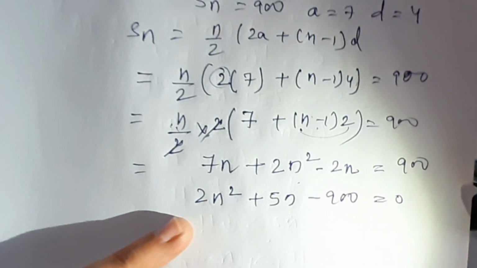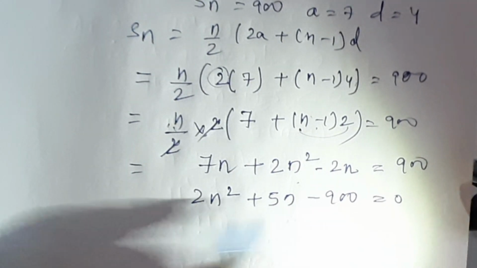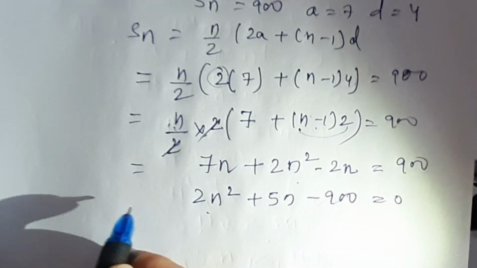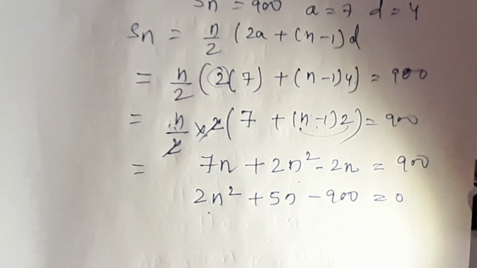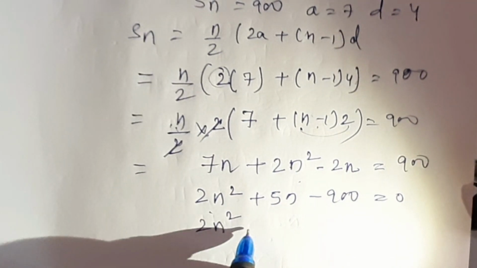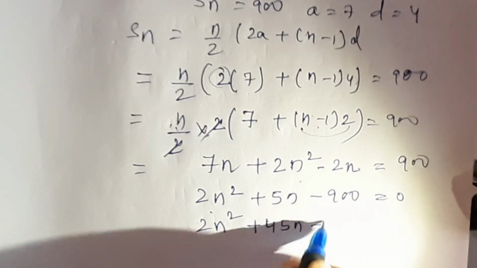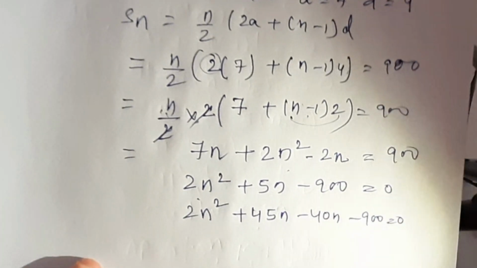So let's start finding the factors for this. Here we are having 900 multiplied by 2. If you multiply and find the factors, it will be 45 and 40. So let's replace them: plus 45n minus 40n minus 900 is equal to 0.